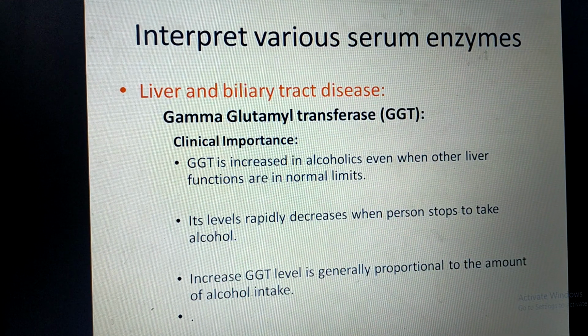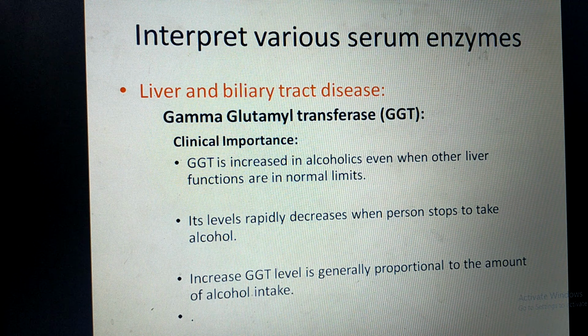This GGT has clinical importance. The GGT level is increased in alcoholics very early, even before the other liver parameters are out of the normal range. So it increases early in alcoholic patients.